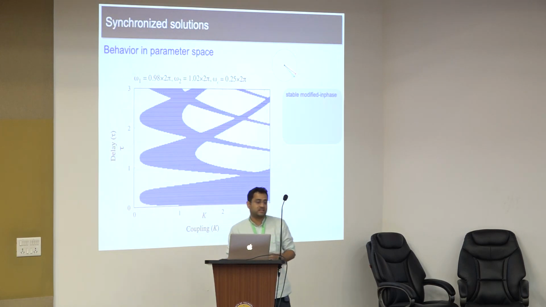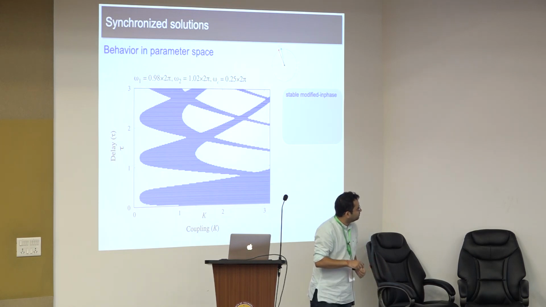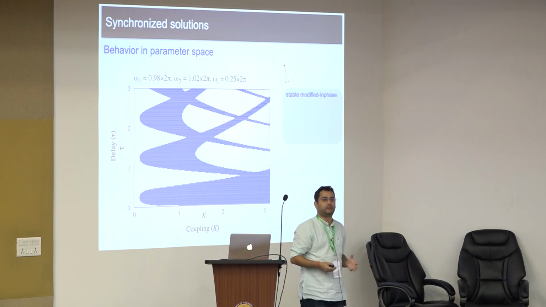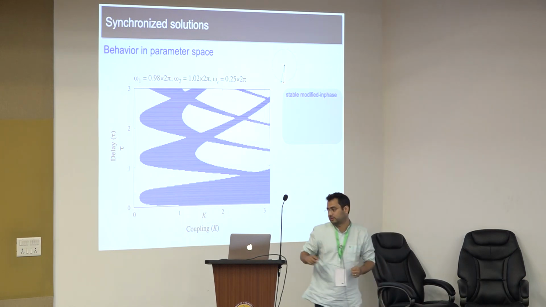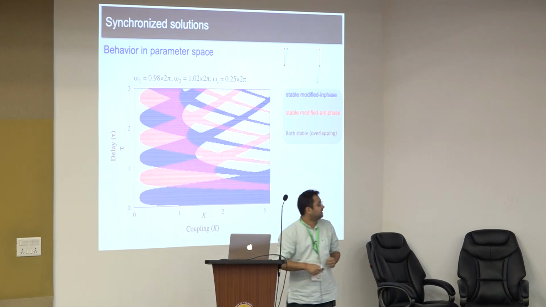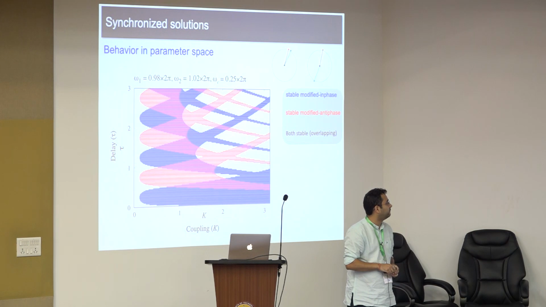Now, when we look at these solutions in parameter space, namely with coupling strength and transmission delay, these blue regions represent the places where we have stable modified in-phase solutions. Then there are these red regions where we have stable modified antiphase states.